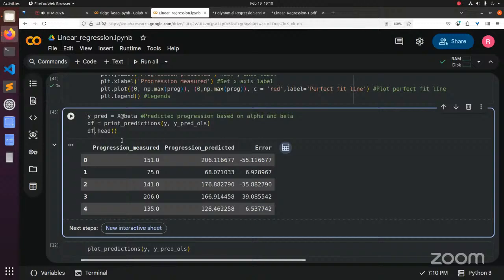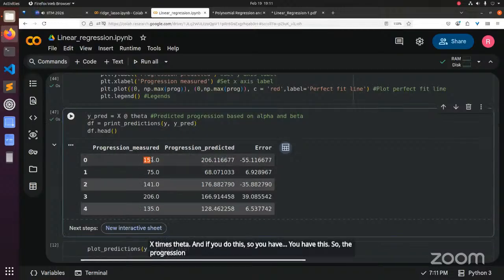So y predicted is simply x times theta, right? If you do this, you have this. So the progression measured the true value and the predicted value. The true value is 151, but you predicted 206. So the error is 55.